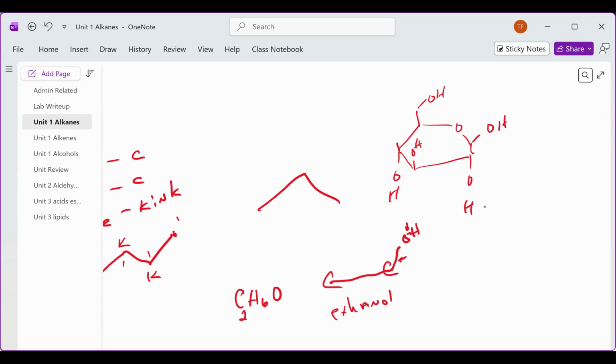Also, there's no line there either. Because again, the assumption is the reader understands oxygen has 2 bonds. So if there's no line there, that means there is a line there because there's no way oxygen can only have 1 bond, it has to have 2. Hydrogen has 1 bond. By the way, this will be one of the structures you're going to have to know for Unit 2.